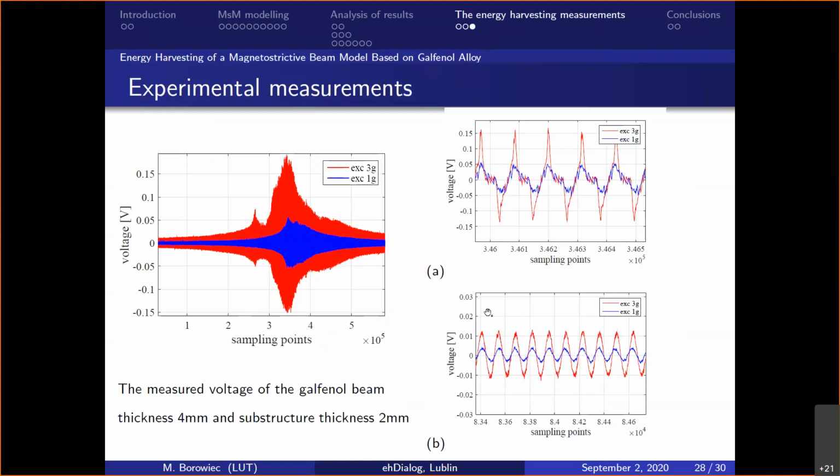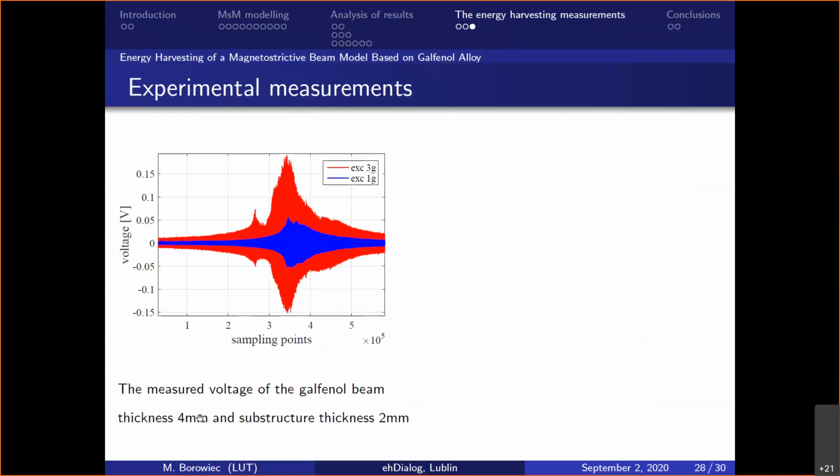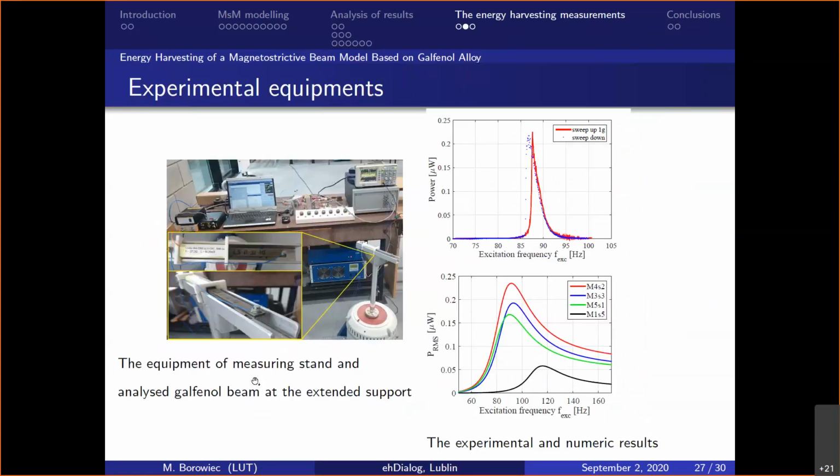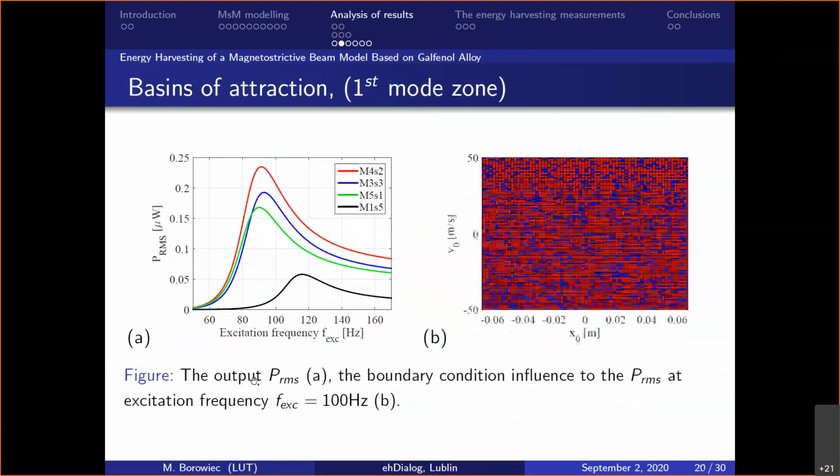Unfortunately, this is only done for the first mode shape, and we analyzed the case of the beam when the substructure thickness was 2 millimeters and the magnetostrictive beam was 4 millimeters. According to this comparison, the most convenient proportion was a magnetostrictive beam thickness of 4 millimeters and a substructure of only 2.